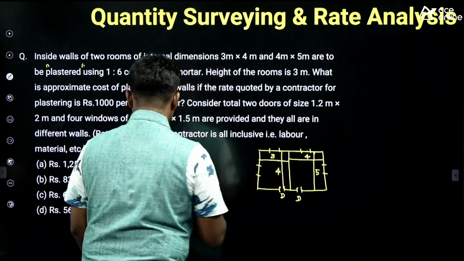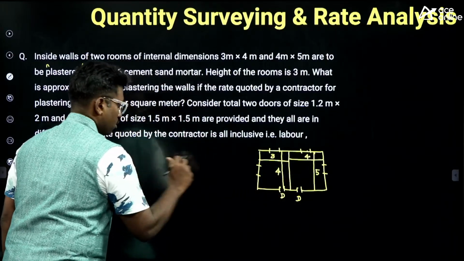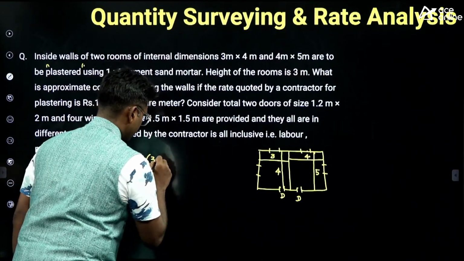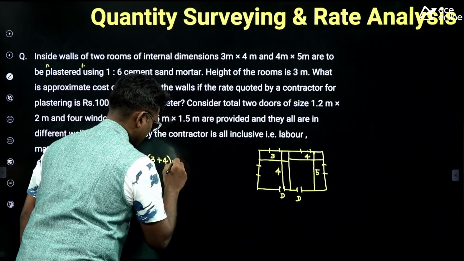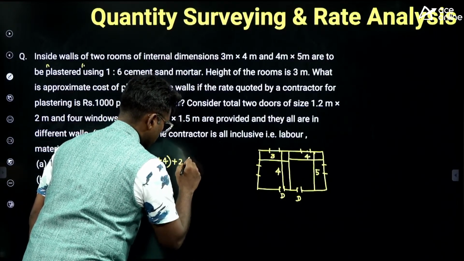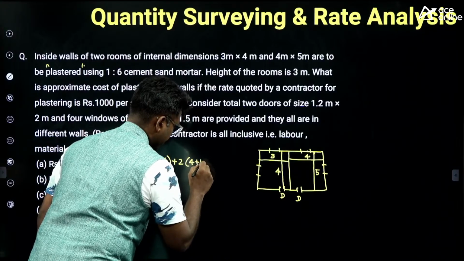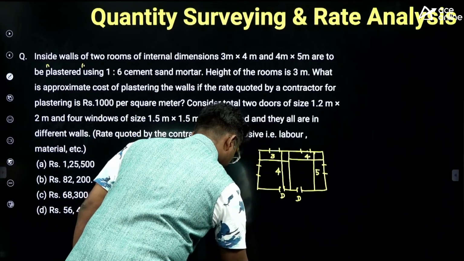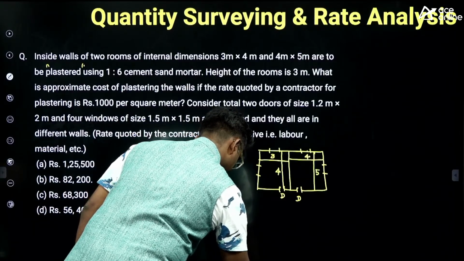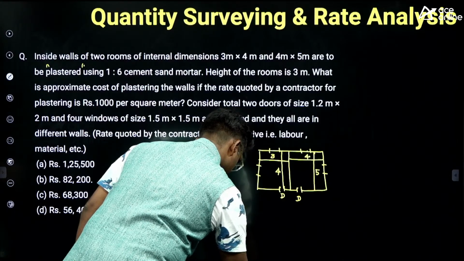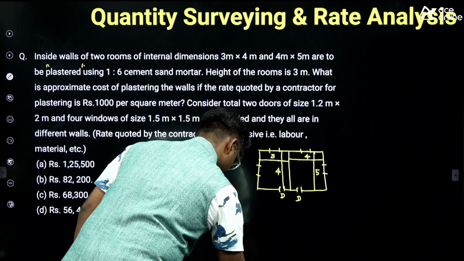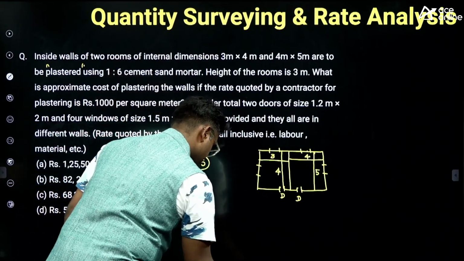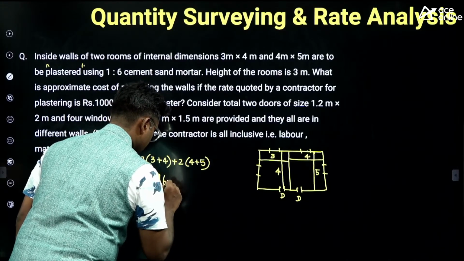So if you consider, I'm just writing over here, 2 walls, 2 times of 3 plus 4 plus 2 times of 4 plus 5. If we sum up, to make it quick, I'm just finishing it off. Okay. So if we calculate, this would be around 96 meters square.